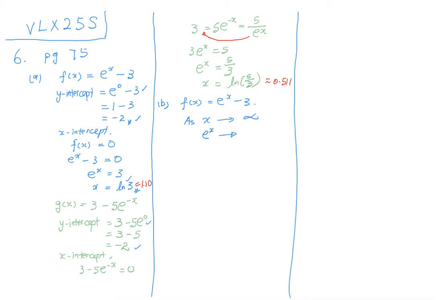It approaches infinity. Yeah, good. So what will happen to my f(x), which is e to the power x minus 3? It will approach infinity, because you have a lot, and minus 3 is still a lot. Am I right? So this is telling us that there isn't an upper limit.